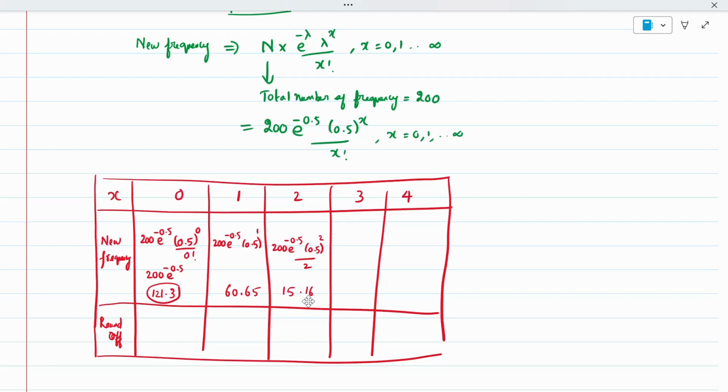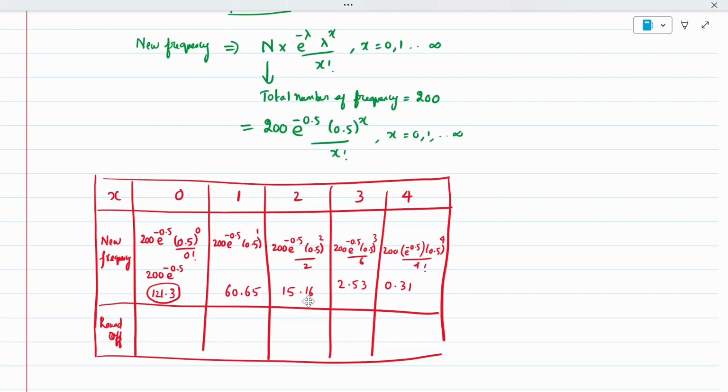In this when I do the calculation, 2.53. In this 0.31. Same way 200 e to the power minus 0.5 into 0.5 the whole cube divided by 3 factorial, 6. So 200 into e to the power minus 0.5 into 0.5 the whole power 4 divided by 4 factorial. Okay, so do it in a calculator.